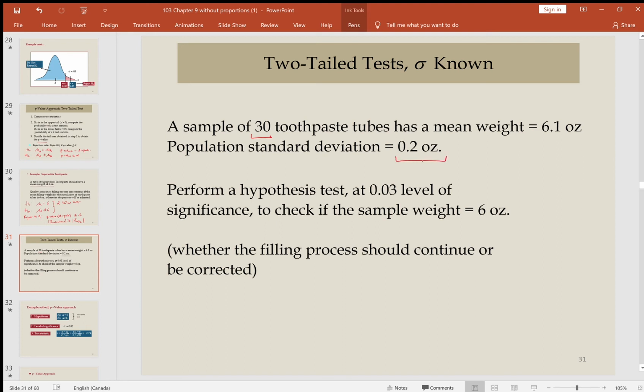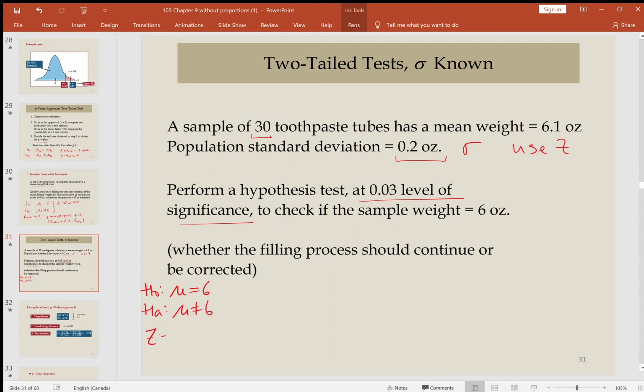Because sigma is given to us, we will use the Z distribution. Perform a hypothesis test at 0.03 level of significance, so alpha is 0.03, to check if sample weight is 6 ounces. So remember, the null was mu equals 6, alternate is mu not equal to 6.